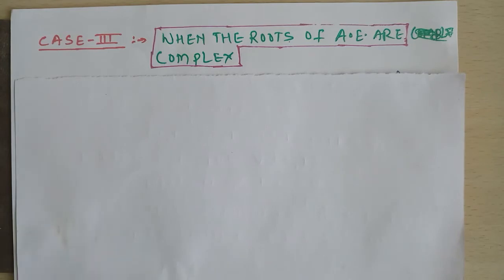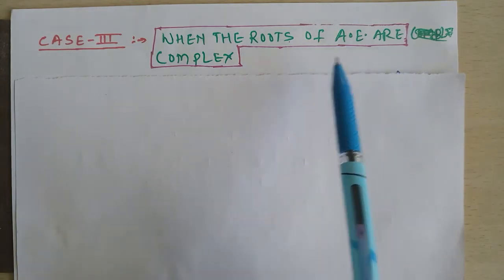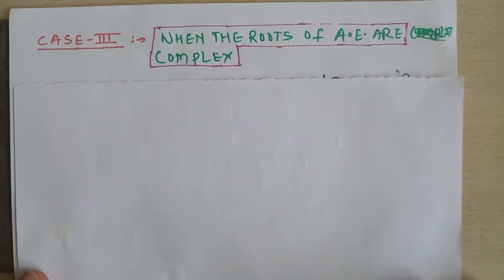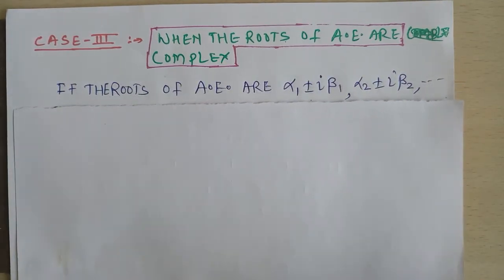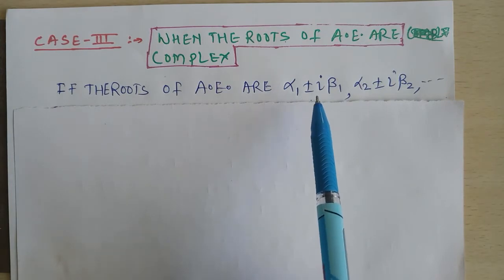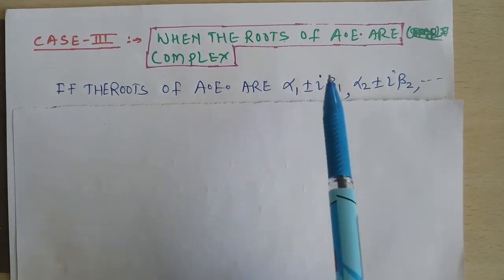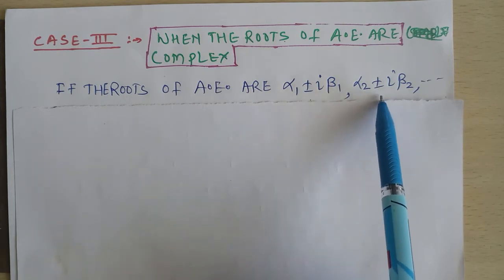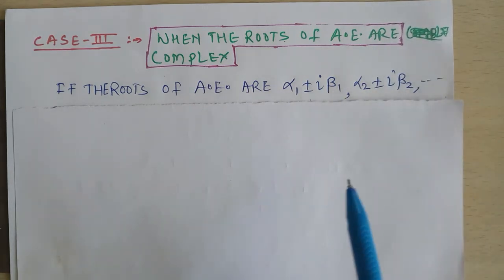Now case third is when the roots of the auxiliary equation are complex. Suppose the roots are alpha 1 plus minus iota beta 1, two complex roots, and the other two roots are alpha 2 plus minus iota beta 2 and so on. So we have four complex roots in the form alpha plus minus iota beta.